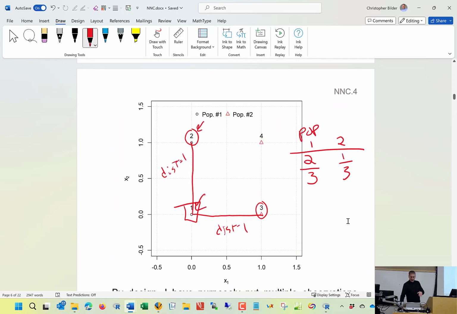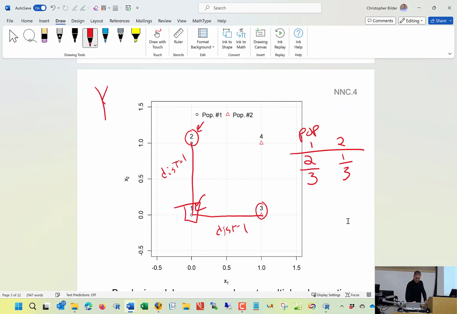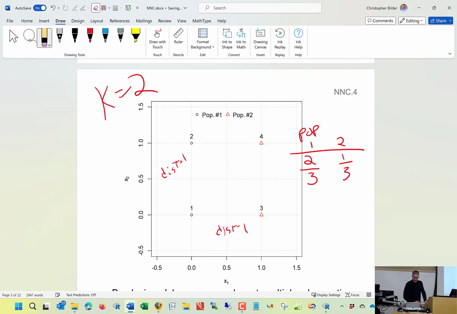Okay, so capital K is equal to 2. And the way that this is working is that the nearest neighbor overall is going to be 1. Okay? Then what's the second nearest neighbor? Well, we have a tie between observation 2 and observation 3.